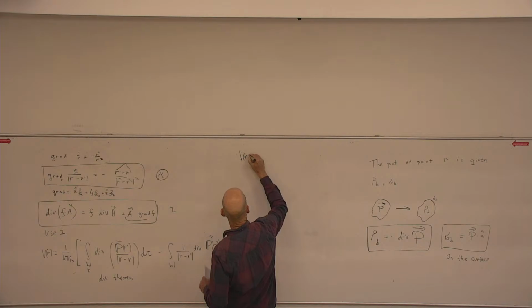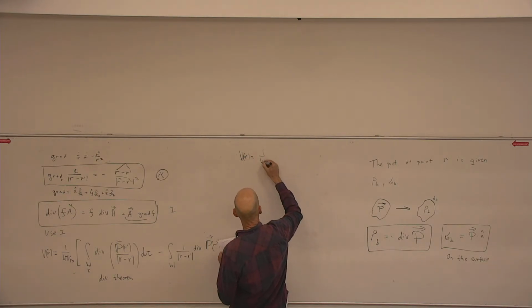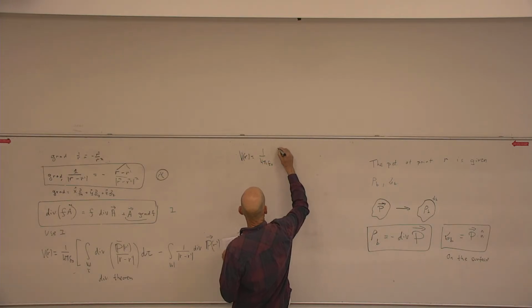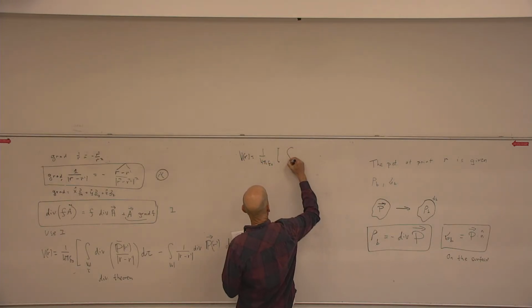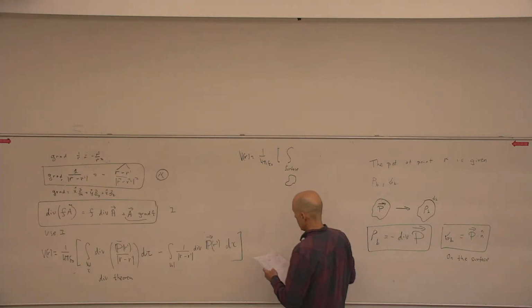So V of r is equal to 1 over 4 pi epsilon, integral over the surface. Surface of what? Of my body, whatever it is. So this is a two-dimensional integral.